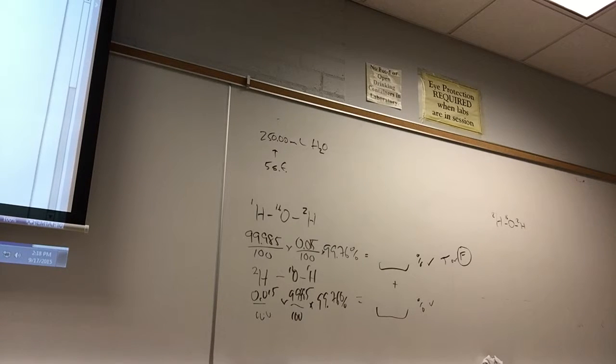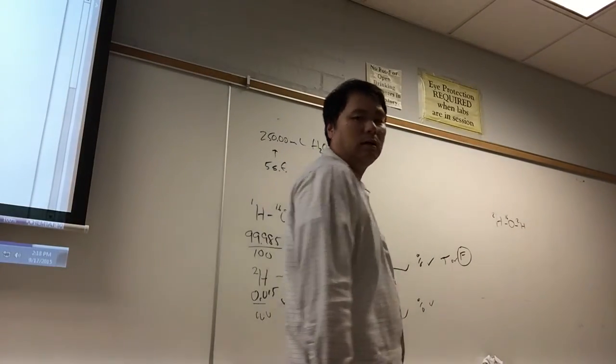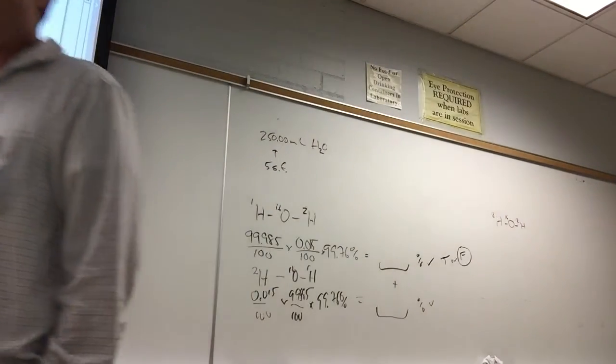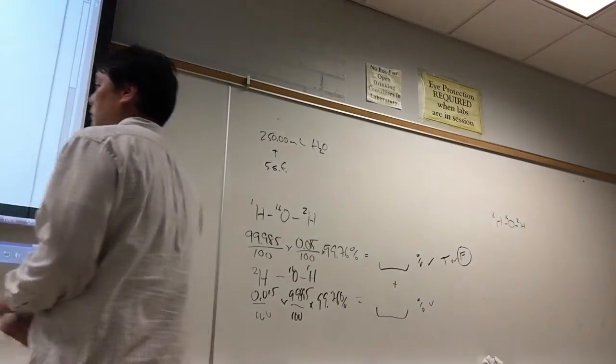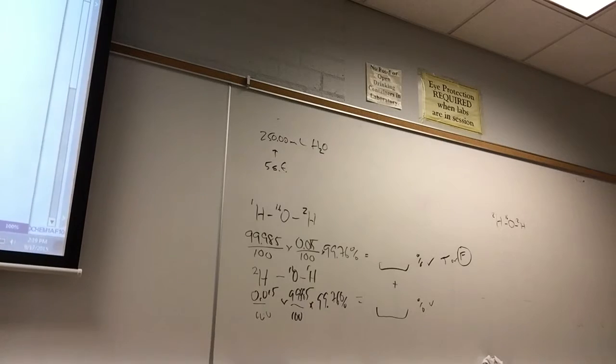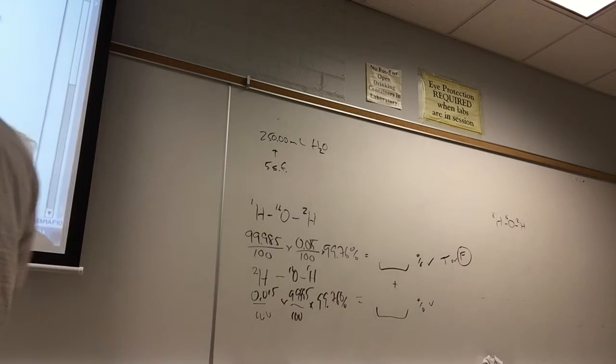So this was a challenge problem on a test, to figure out what's going on with the percent natural abundances since they weren't adding up to 100%. A challenge problem not that many people got. It was a tough problem, but some people made some progress in it.